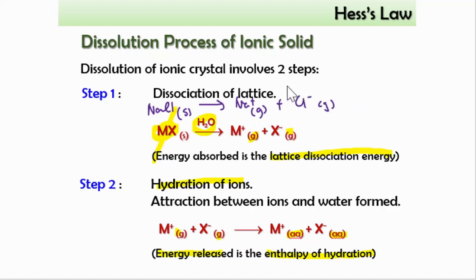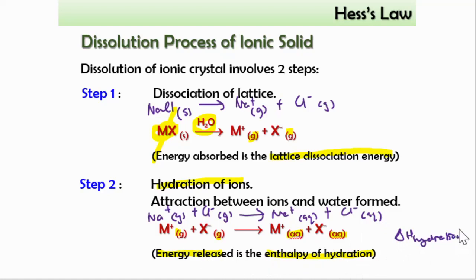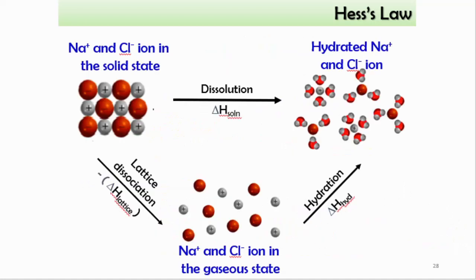So these two, bila ada water hydration, bila kita tambah water, these two dia akan converted to Na+ aqueous ion and then Cl- aqueous ion as well. So energy released tu adalah delta H hydration. Alright, so this is the illustration.